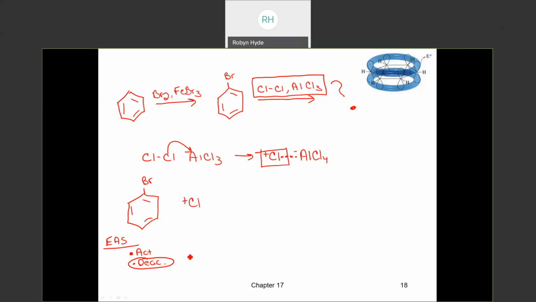Next question then, is it going to be ortho-para-directing, or is it going to be meta-directing? The answer is ortho-para-directing. Remember, halogens are kind of those weird ones. The halogens are deactivating, but they have lone pairs, and because they have lone pairs, they are very good at stabilizing cations. So therefore, they are ortho-para-directors.